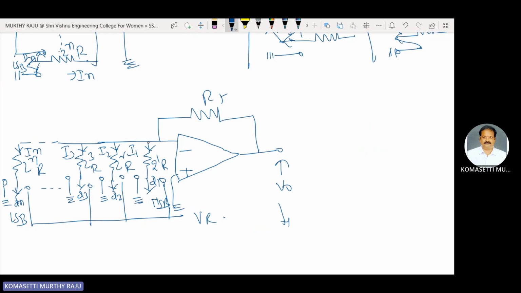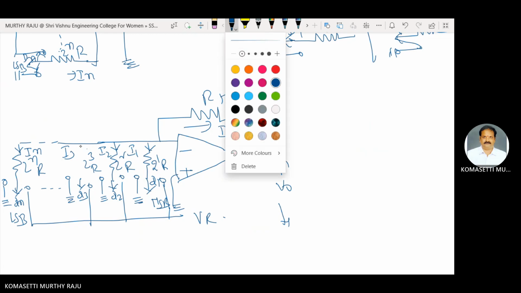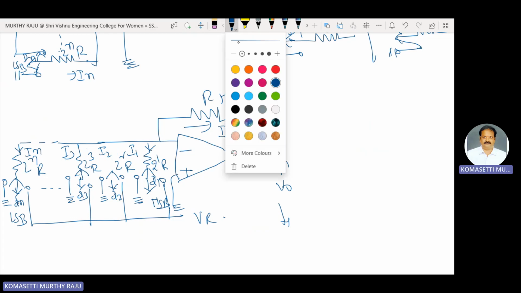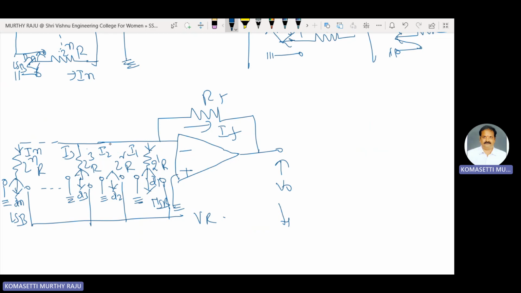The total current IF flows through this one. The current direction is like that.